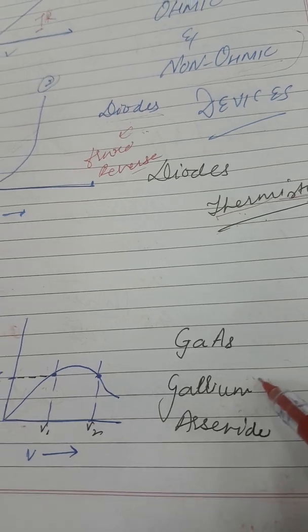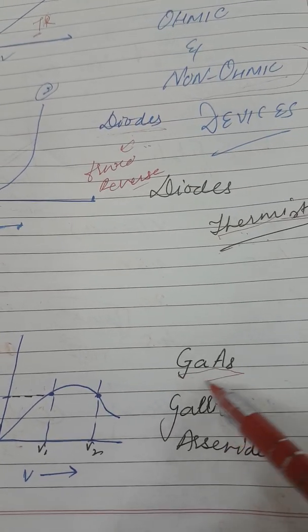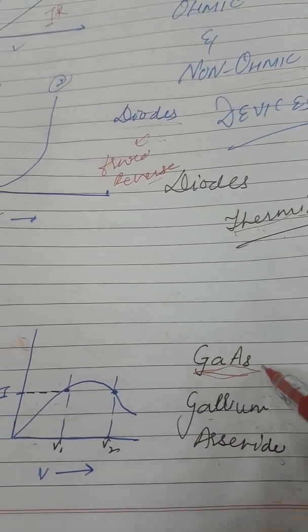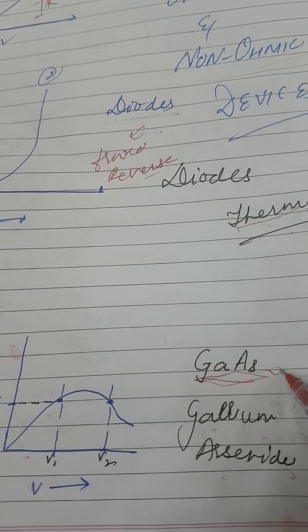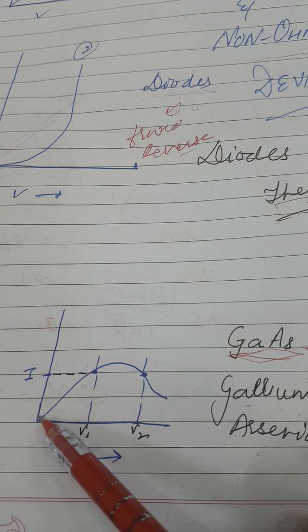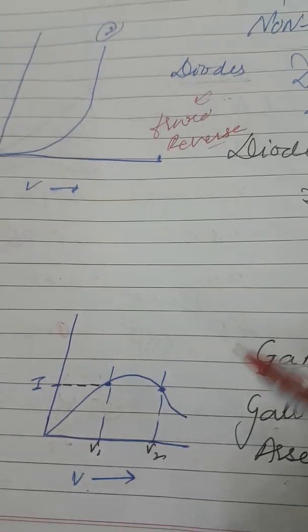Next case is for a special semiconductor material, which is gallium arsenide. This is a compound, gallium arsenide. These two are elements, and together they combine to form a semiconducting material. See this IV curve, it is a very different sort of curve.